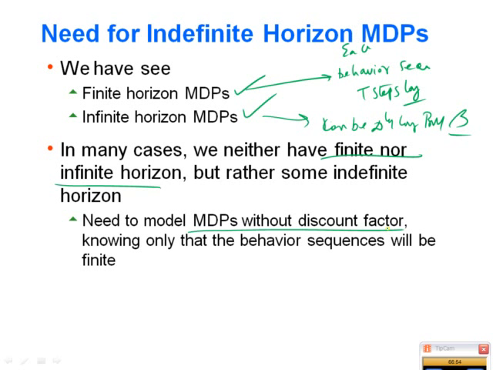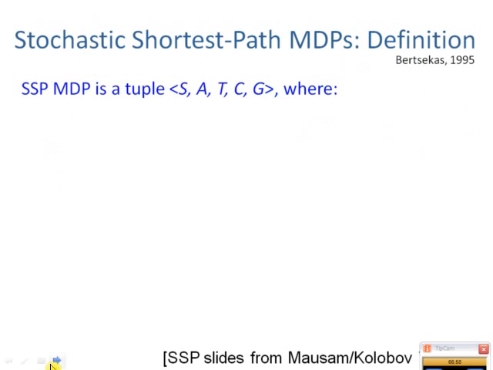And the question is, what's the best way to view such problems? That is where we talk about stochastic shortest path Markov decision processes. It's a generalization, connected to the two MDPs we talked about, and in a minute we'll actually show that it has the compilation property.